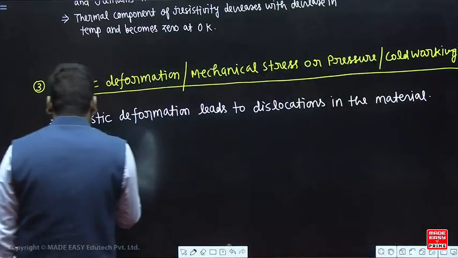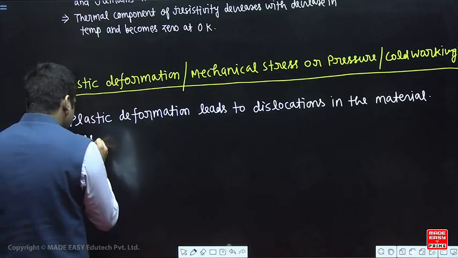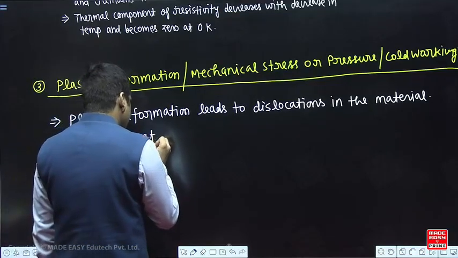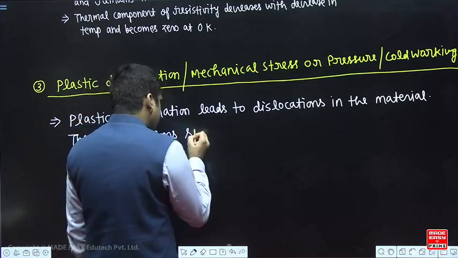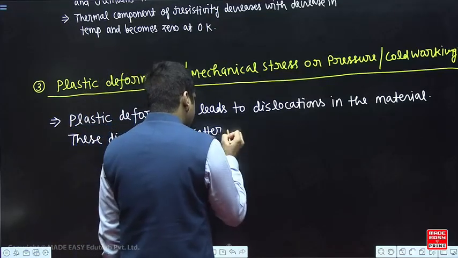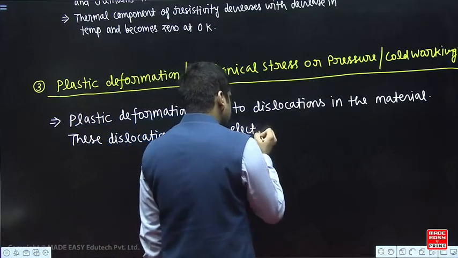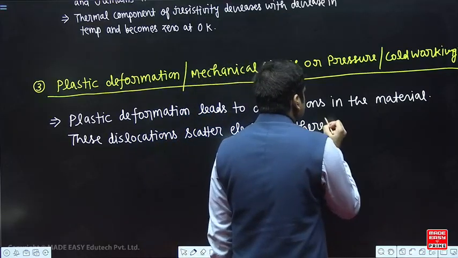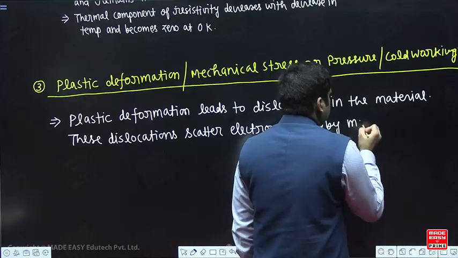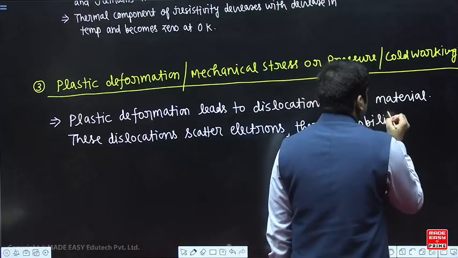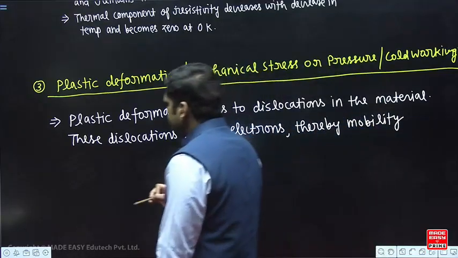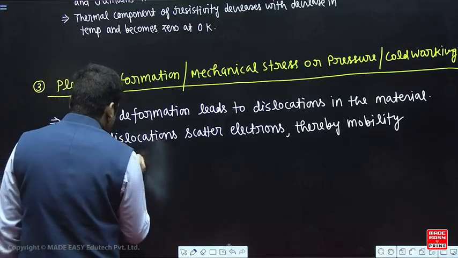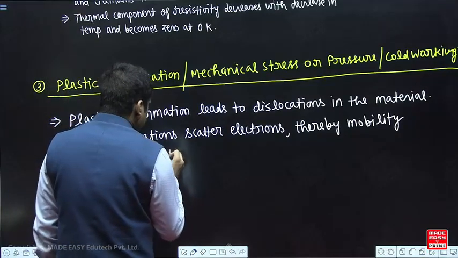These dislocations scatter electrons. Thereby mobility decreases and resistivity increases.